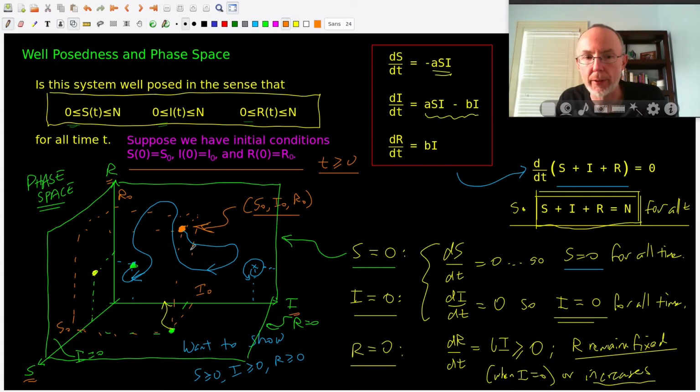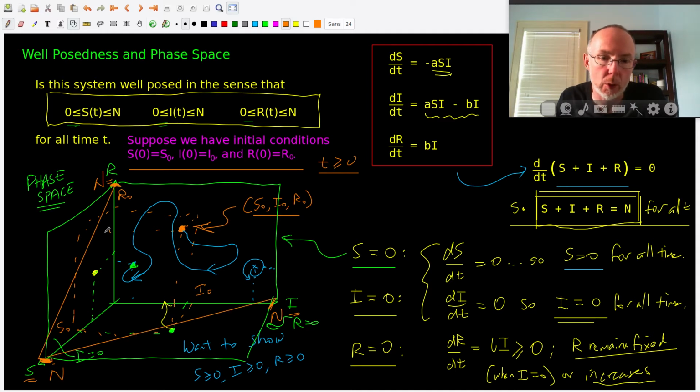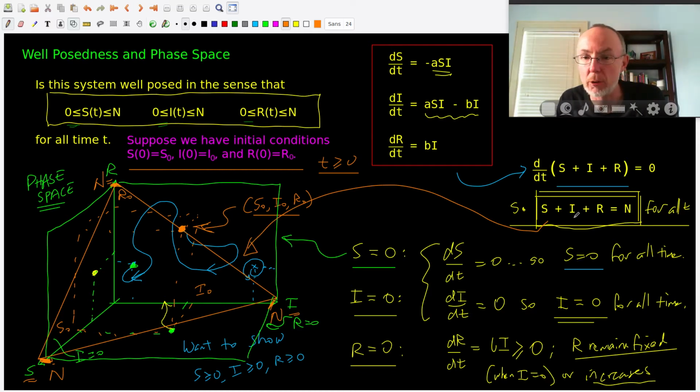I could actually go a step further if you wanted to think about the points on these axes where the population is exactly n. Right here the number of recovered is n, with 0 susceptible and 0 infected, whereas down here I've got n susceptible people. I could build a plane that joins those points. If you know Calc 3, this plane, S plus I plus R equals n, looks like that.